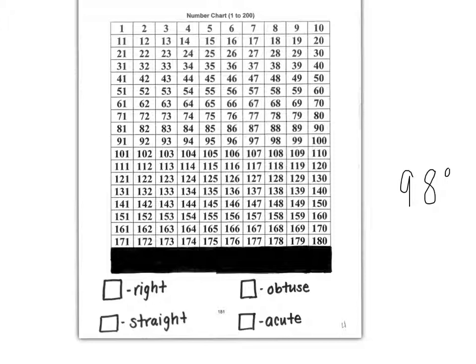So I'm going to start with the right angle. I've chosen the color blue for right angle, so my right angle is going to be identified by the color blue. I'm going to color in this box blue. The definition of a right angle is always 90 degrees, so I'm going to box in 90.